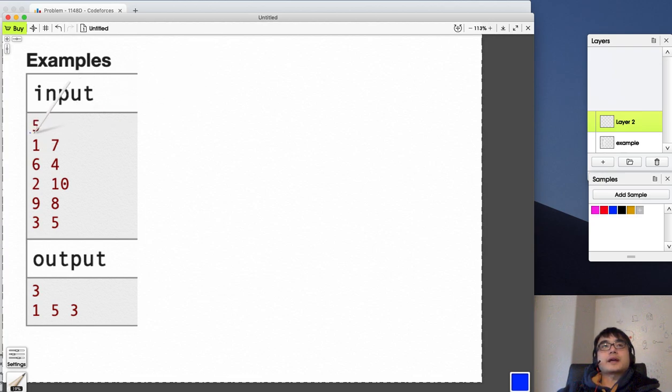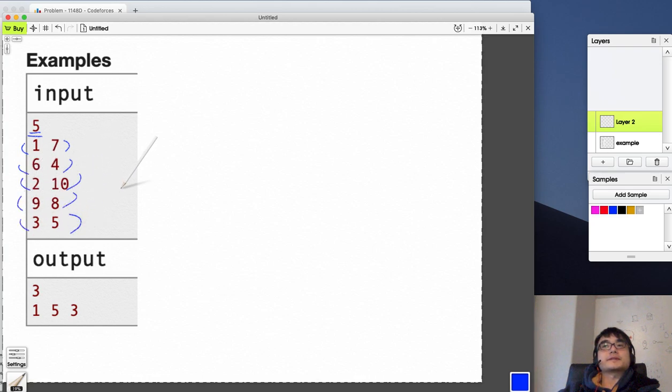We are going to have a number here, and it tells us how many number pairs we are going to have in the problem, right? So in this case, we are going to have 5 number pairs. So 1, 2, 3, 4, 5.